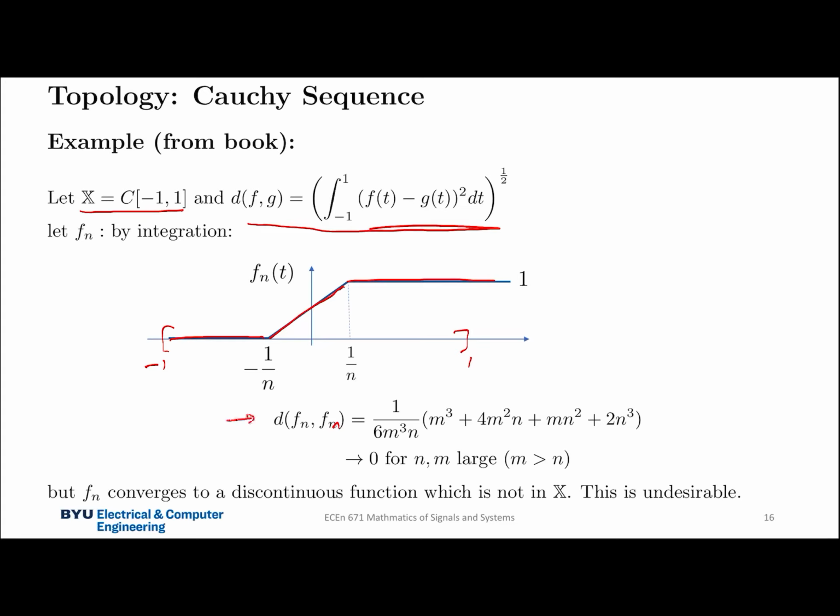And because you've got a higher order on the bottom than you do on the top, this thing goes to 0 for n and m large.